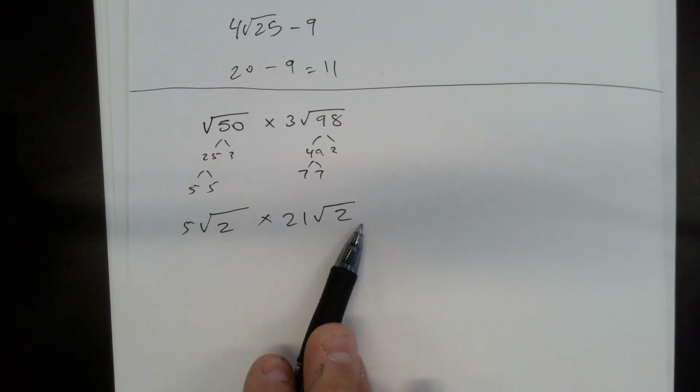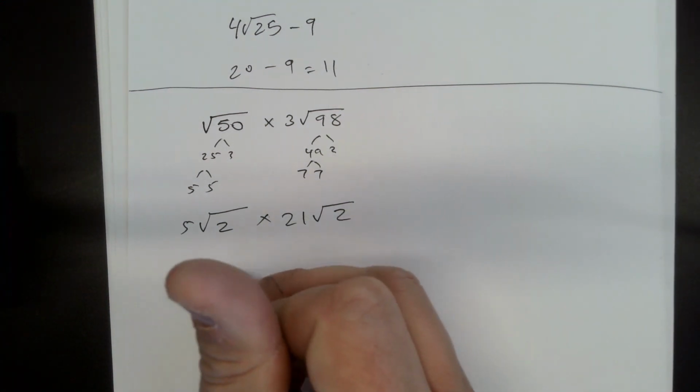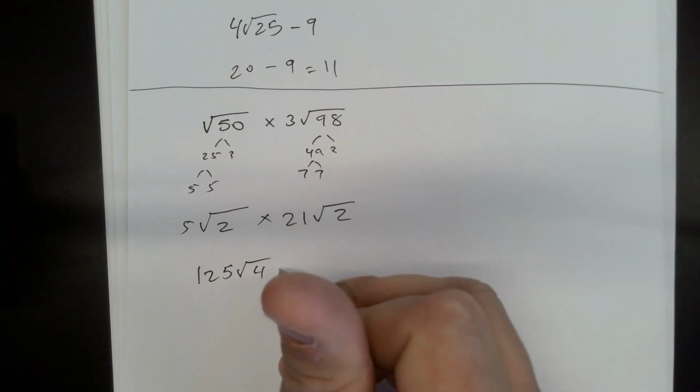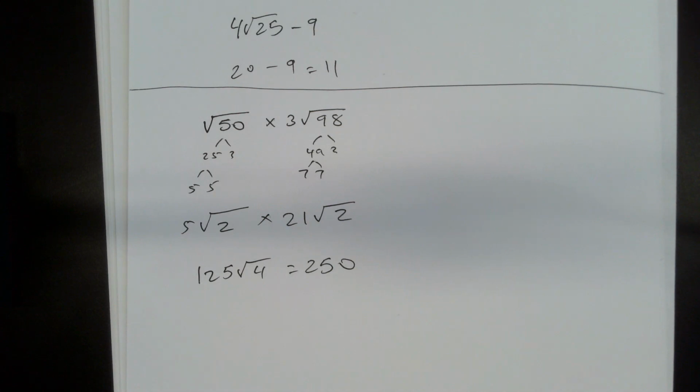If you do it like this, you can just go 5 times 21, which is 125 square root of 4, which simplifies down to 2, so 125 times 2, which is 250. Don't multiply 50 and 98 together. It's not going to play into your benefit. Simplify first if you can, and then do it.